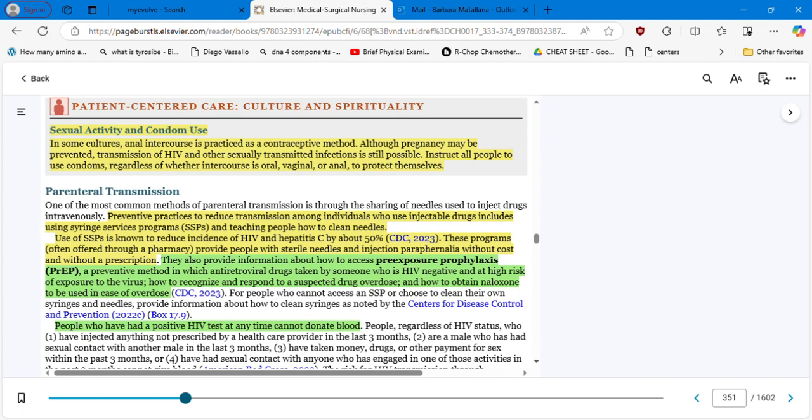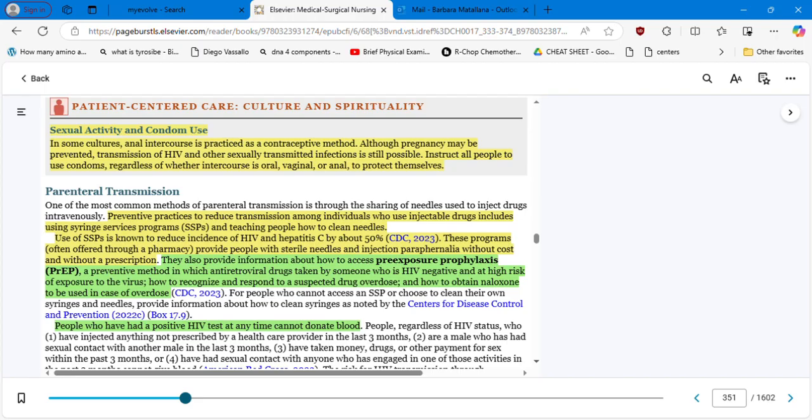These programs, often offered through a pharmacy, provide people with sterile needles and injection paraphernalia without cost and without a prescription. They also provide information about how to access pre-exposure prophylaxis, your PrEP, right? Pre-exposure prophylaxis is a preventive method in which antiretroviral drugs are taken by someone who is HIV negative and at high risk of exposure to the virus, meaning that person who is not infected is probably going to have sexual activity with somebody who is infected.